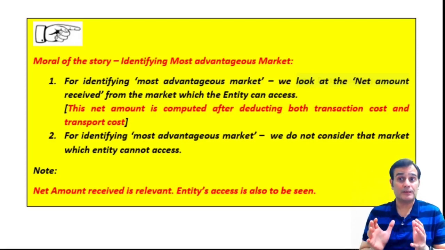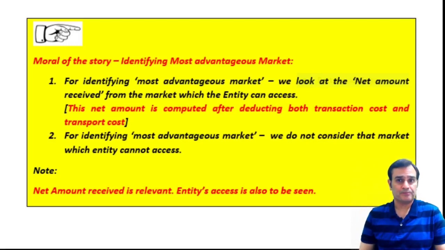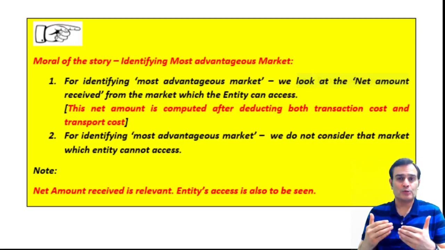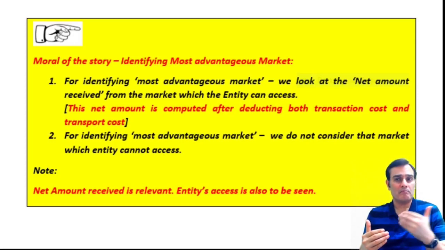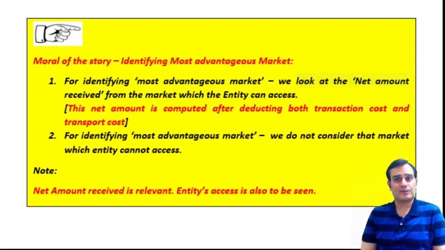So we're looking at the net amount received, and from the market the entity can access. And when you're looking at the most advantageous market, we do not consider the market which the entity cannot access. So the two focus points are the maximum amount of net money received, that is after transaction and transportation cost, and the market which the entity can access.